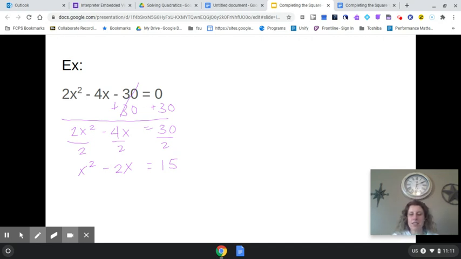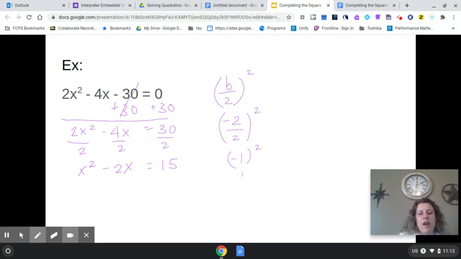All right, this next step is where we take the coefficient of x, which in this case is negative 2. That's the b term. We divide it by 2 and square it. So negative 2 is our b term. We're dividing it by 2, which we get negative 1, and we're squaring it.